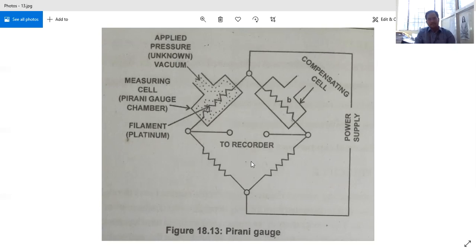These are the parts of a Pirani gauge. Very simple.